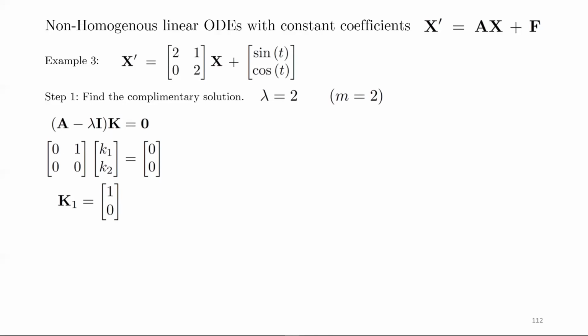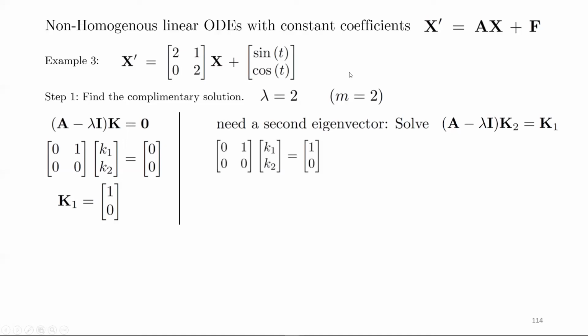So unfortunately, I have an eigenvalue of multiplicity 2, but I only have one eigenvector here, so I need a second eigenvector. So what I'm going to do is solve this similar equation: A minus lambda I times k2, now we're trying to find k2, equals, instead of the 0 vector, k1. If I write that equation out, now I have 0 times k1 plus 1 times k2 equals 1.